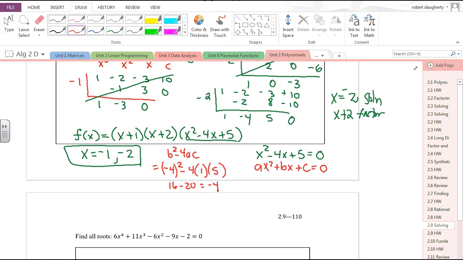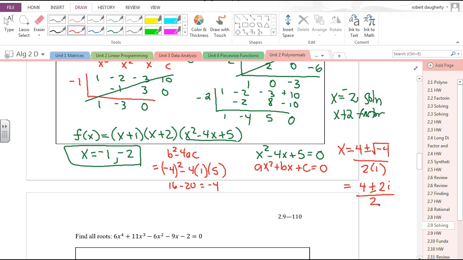Okay. So x is going to be equal to negative b plus or minus the square root of b squared minus 4ac over 2 times a. So this is 4 plus or minus, what's the square root of negative 4? 2i, over 2.